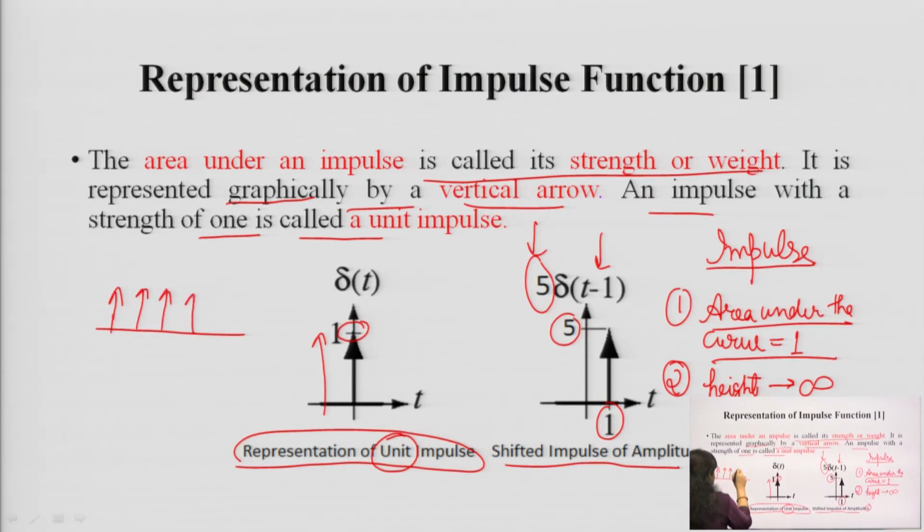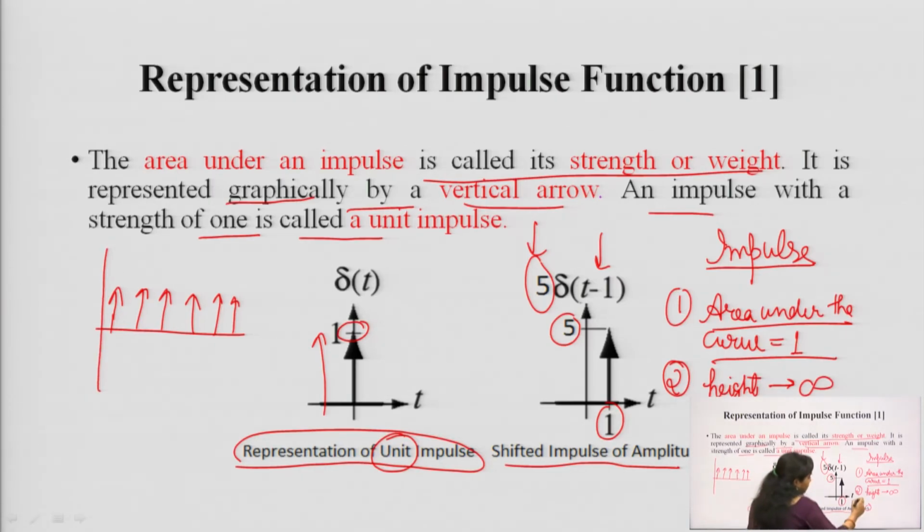This is known as the train of impulse function, and in this case the third property is that the width tends to 0. Which means the width of every pulse, tau, tends to 0.